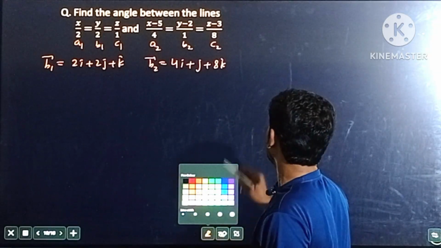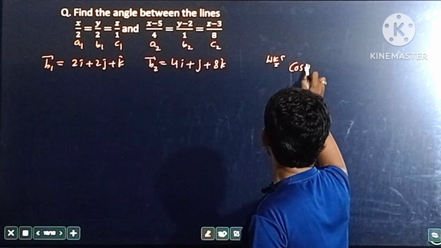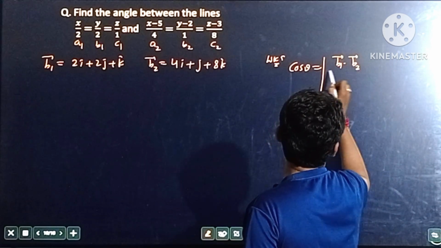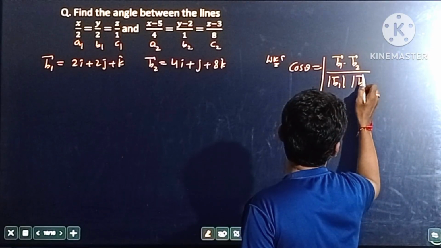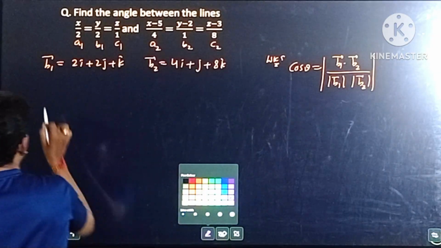And we know the formula for the angle between two lines: cos theta is equal to modulus of B1 vector dot B2 vector divided by magnitude of B1 vector into magnitude of B2 vector. So we need B1 vector dot B2 vector.